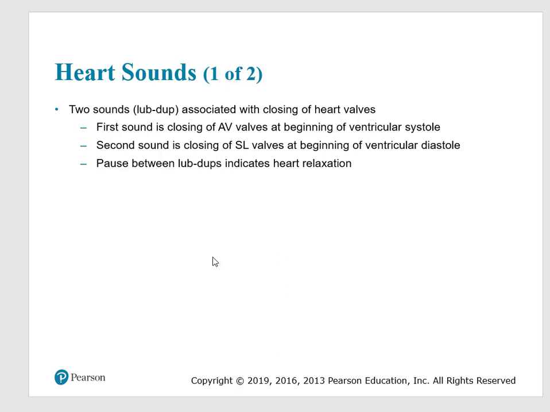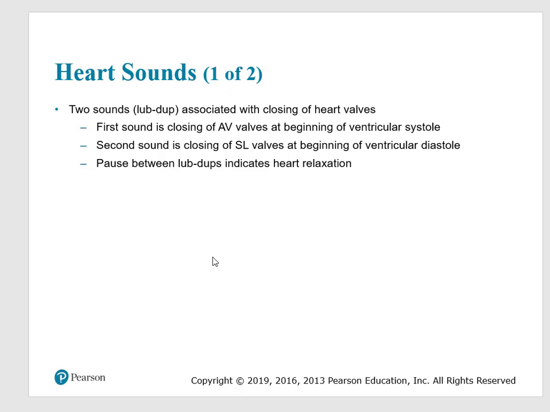So there's a pause between lub dubs, which indicates the relaxation phase of the heart. That's the 0.4 seconds where the heart is relaxing. So again, the sounds of your heart are not due to the valves opening, but due to the valves closing.